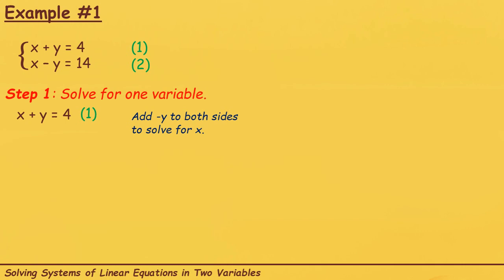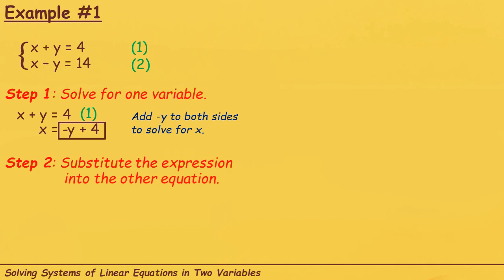So, ang kukunin natin dito, isosolve natin yung equation in terms of x. Para maging x lang yan, we need to add negative y to both sides of the equation para ma-eliminate si y dito sa kaliwang part ng equation. So, ang mangyayari niyan is x is equal to negative y plus 4. So, keep in mind that the value of x here is negative y plus 4. This expression is very helpful because this will be used in the next step.